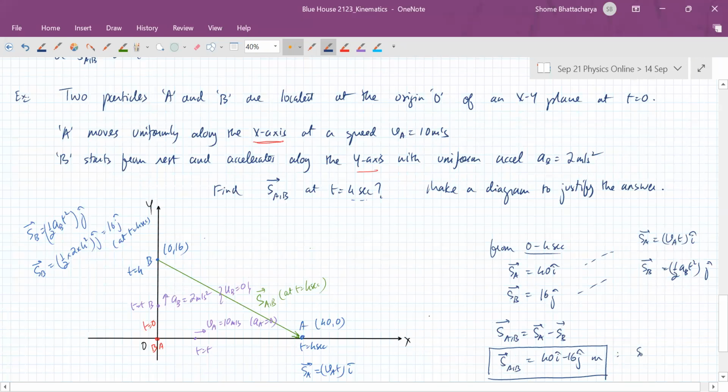But if you want to calculate the magnitude, let's do it this way. Yes, very good, Raghu. That's correct now.